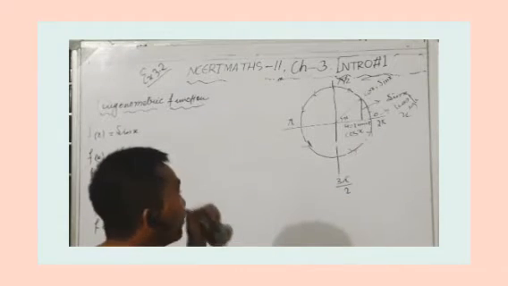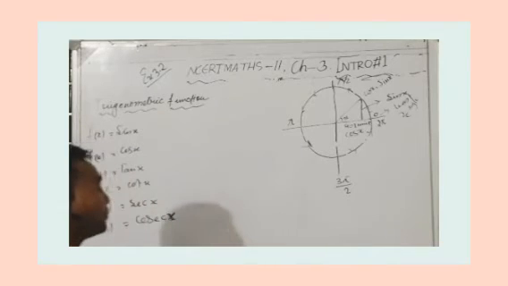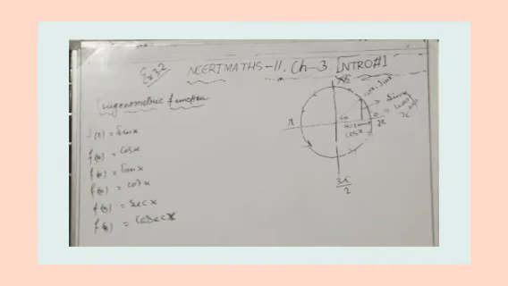Now from here, what have we understood? When we subtended an angle, we got a right angle triangle. What have we got? There is a base: cos x is the base of the right angle triangle. How did we get it? By subtending an angle x.